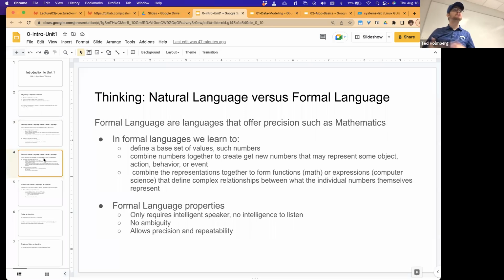And so that's where we can rely on formal languages. And that's where we can rely on things like mathematics, which is the science of measures. So formal languages are languages that offer the precision, which will give us the repeatability that we're looking for.